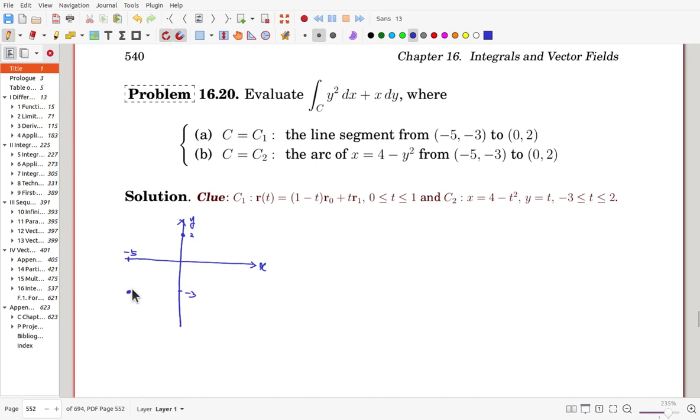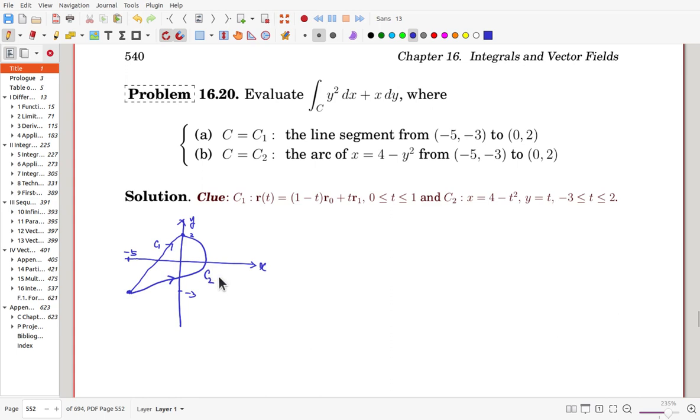C1 is the straight line segment from here to there. So that is C1. C2 is along the curve, the parabola, and of course that's the direction, that is C2.